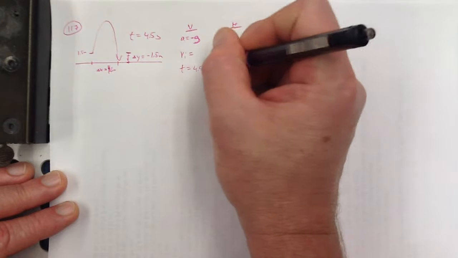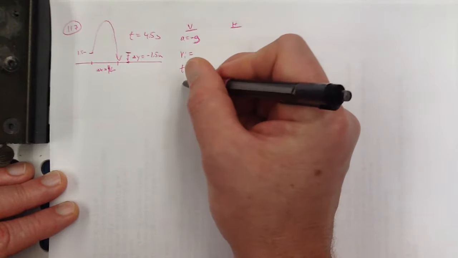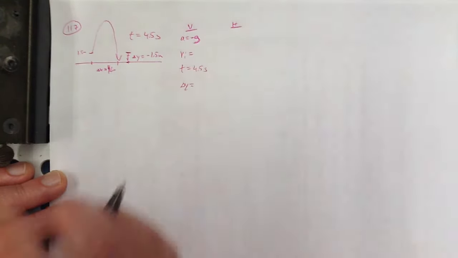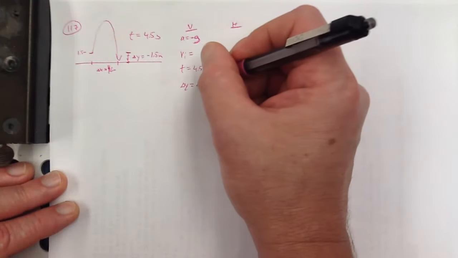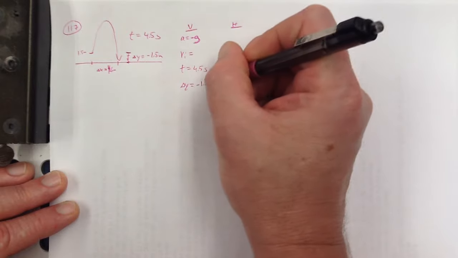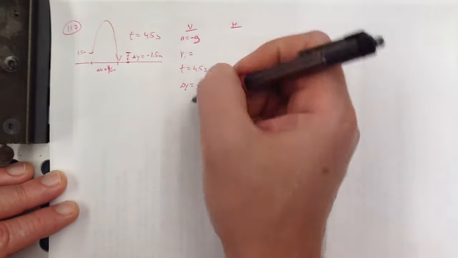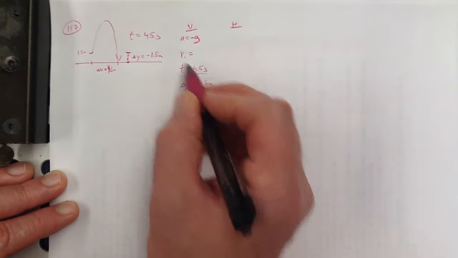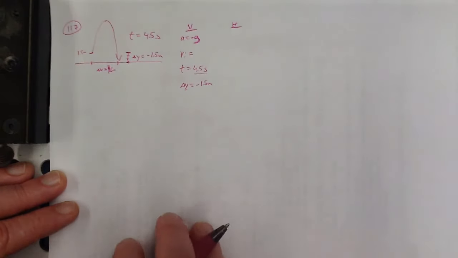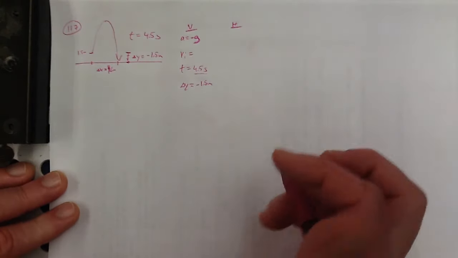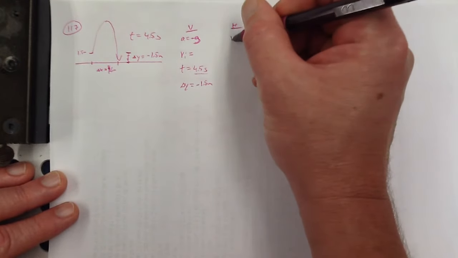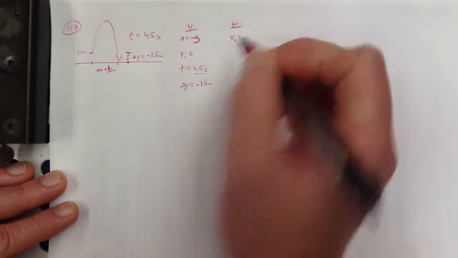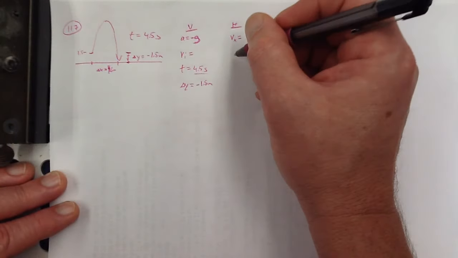Time is 4.5 seconds, and the delta y, how high it goes, I do not, oh no, the delta y I do know, it's negative 1.5. I don't know how high it goes, but that wouldn't belong here anyway, because that's not the time that goes with the peak. We could figure that out later if we wanted to, but I don't think it's part of this question. So here, Vx, the constant horizontal velocity, I would like to know that.